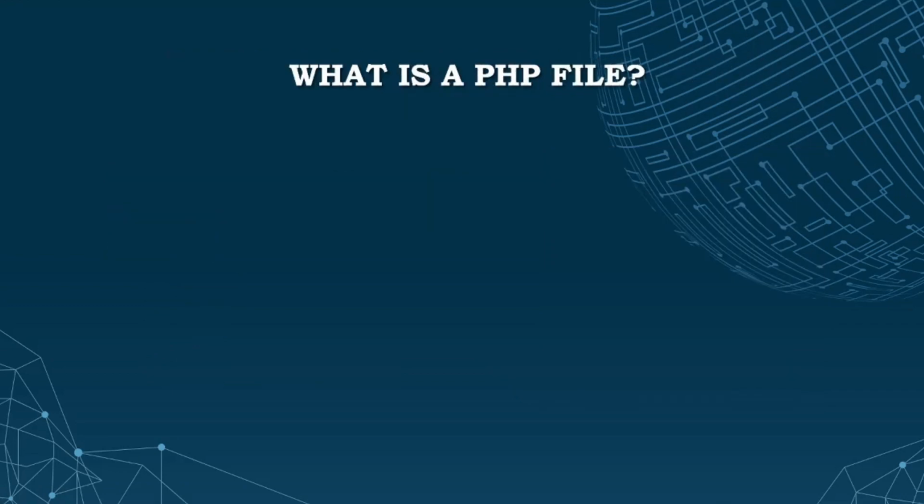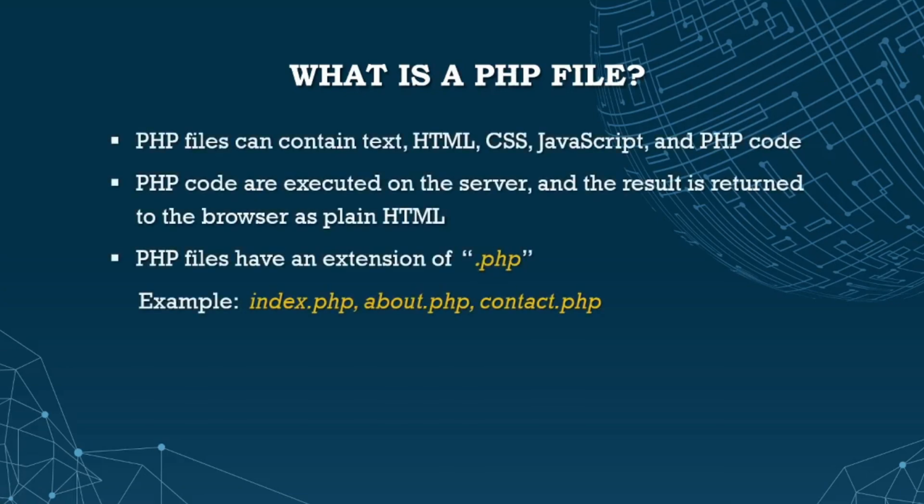So what is a PHP file? PHP files can contain text, HTML, CSS, JavaScript, and PHP code. So basically, we try to integrate them all in a single file to create a web application. PHP code are executed on the server and the result is returned to the browser as plain HTML.